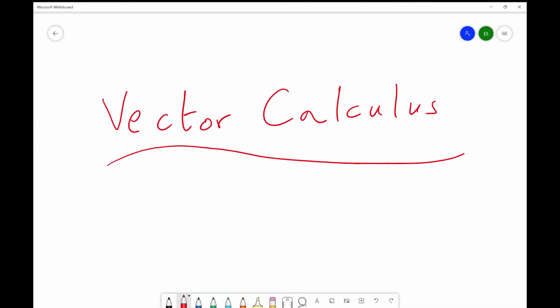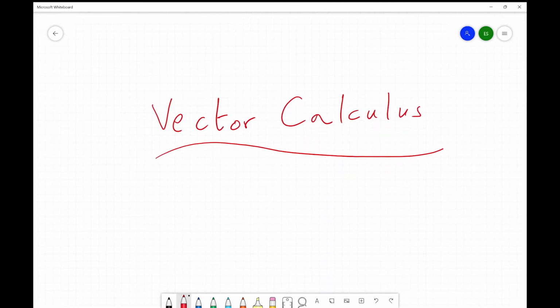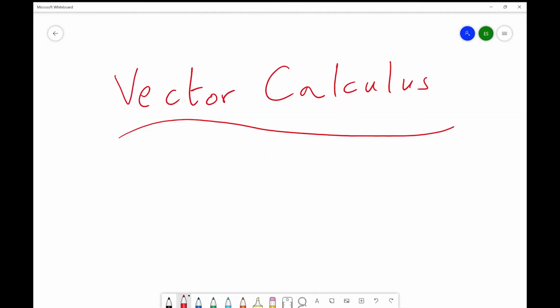Today we will shift our discussion towards vector calculus after we are done with vector algebra. Another word for calculus is analysis. Analysis is the fancier nomenclature for calculus. Calculus is more historic as a word, more intuitive.